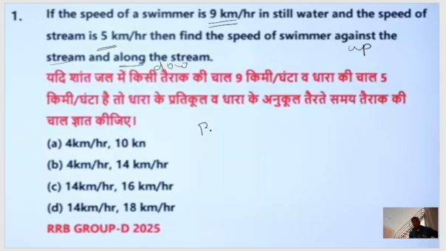So we write down boat, stream, downstream and upstream. Boat speed is given 9, stream speed is given 5. Downstream means boat speed plus stream speed, so 9 plus 5 is 14, and upstream means boat speed minus stream speed, so here it is 4. So 4 and 14 is the answer.